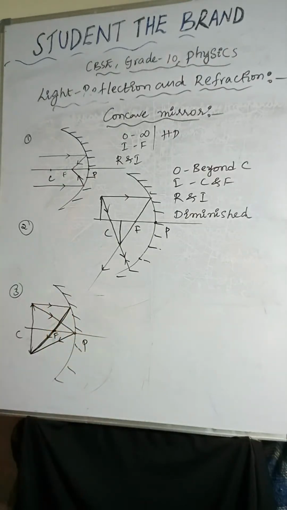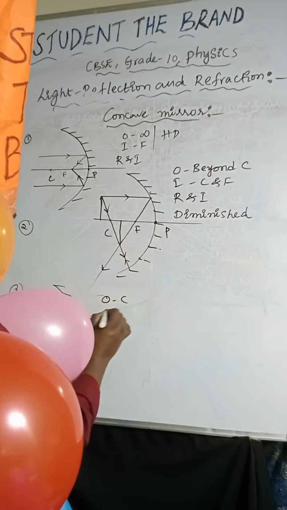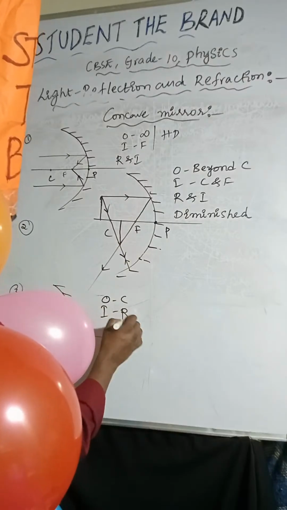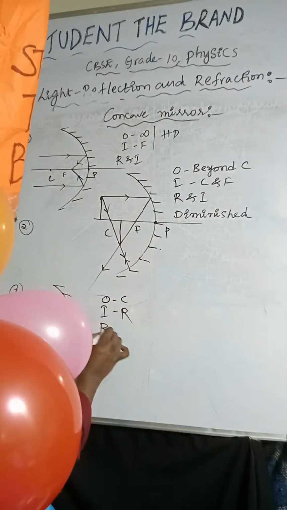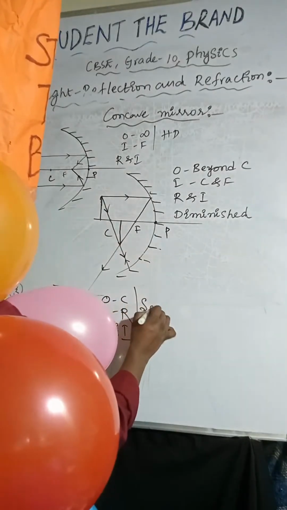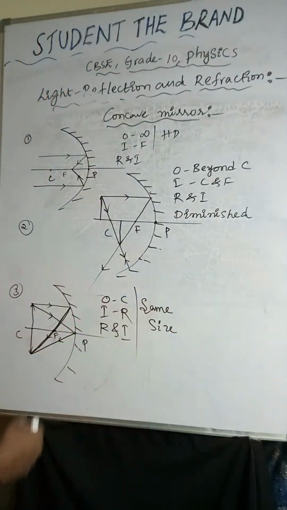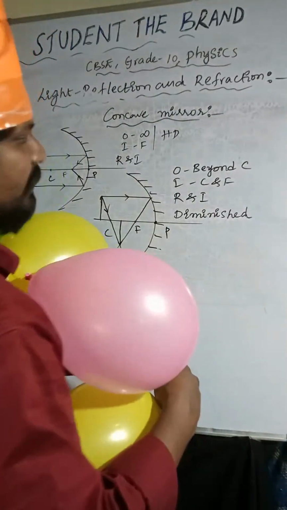So here object is placed at C, image also will form at C. Nature of the image is real and inverted. Size of the image is same size. Okay. So these are the three image formations.